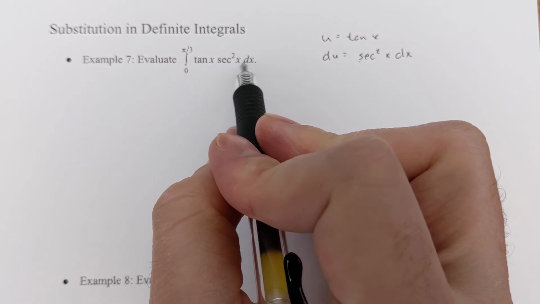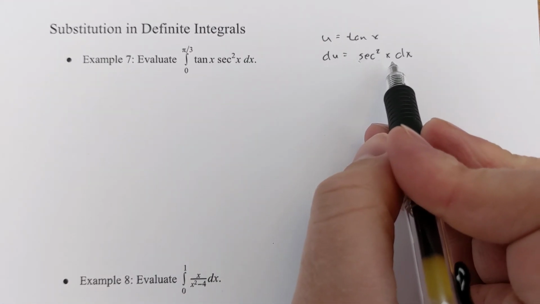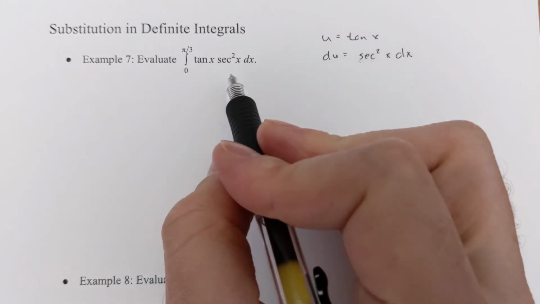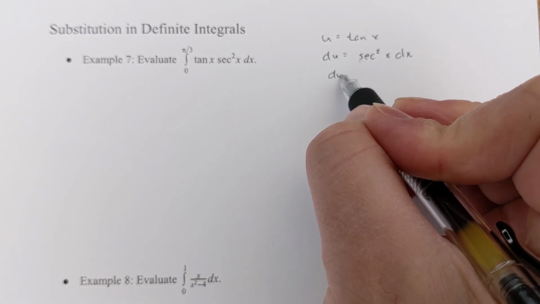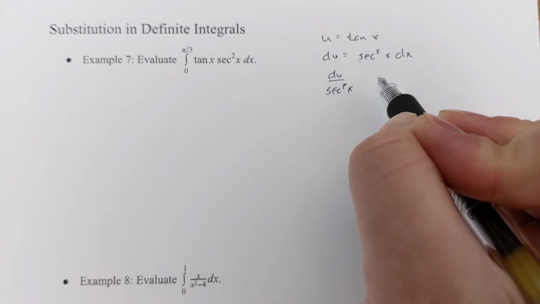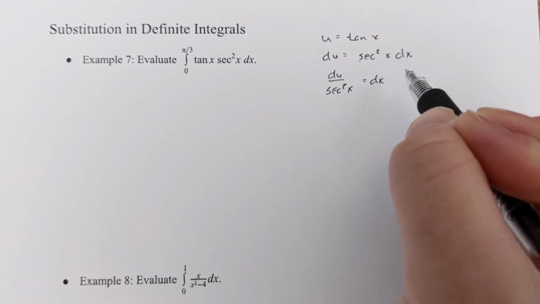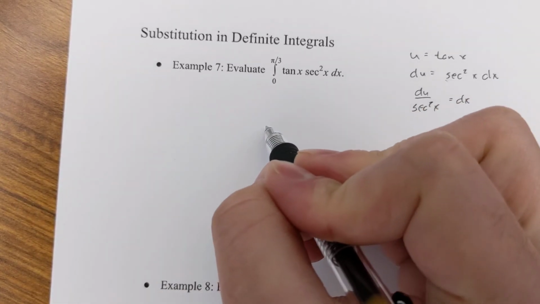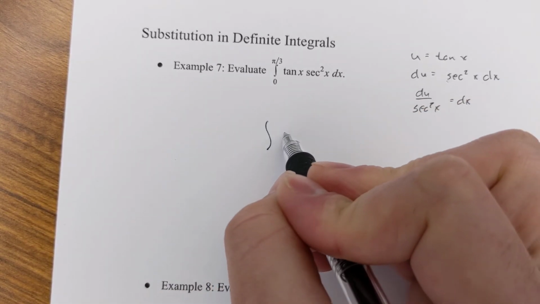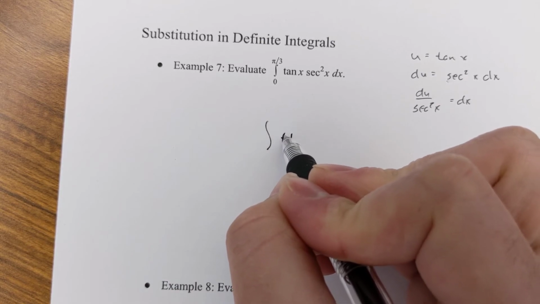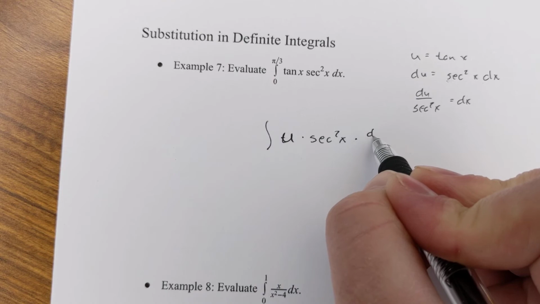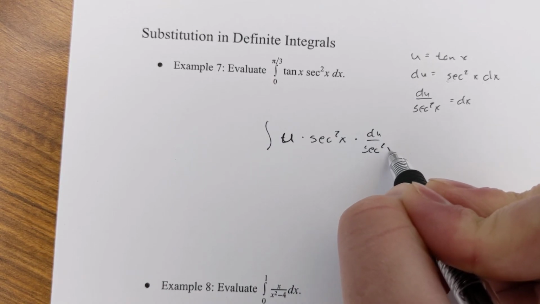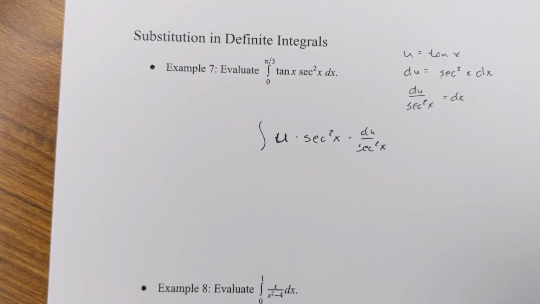So I can just replace, I don't need to necessarily solve this for dx and substitute and cancel, as long as I get an exact match. You can just do the straight replacement, but if you don't see it, du over secant squared x equals dx. So do your substitution. So tangent, that's u, times secant squared x times du over secant squared x. So we get this.